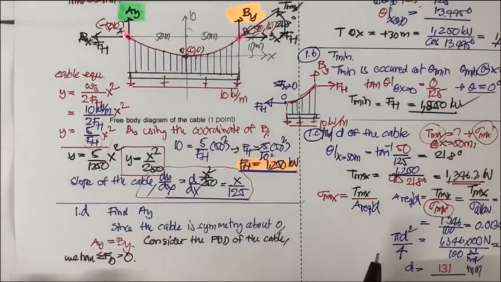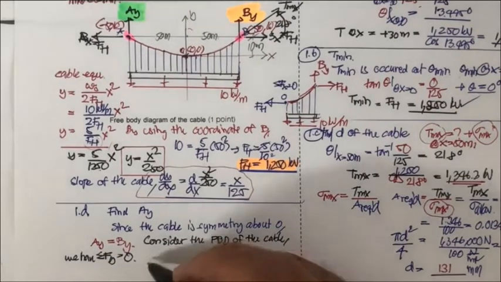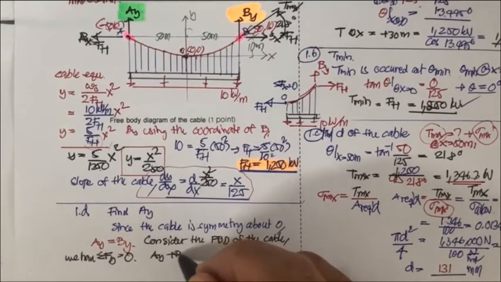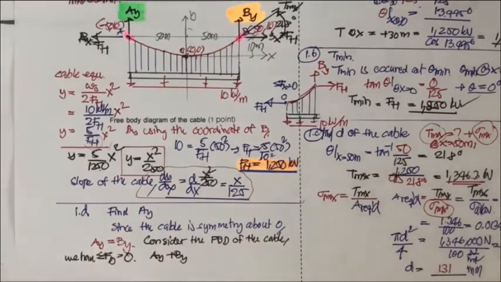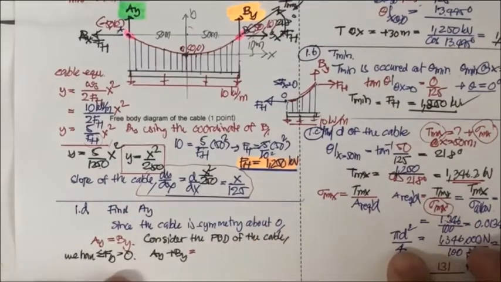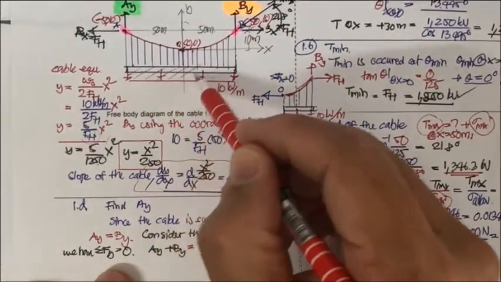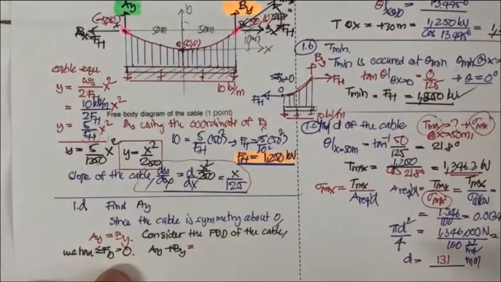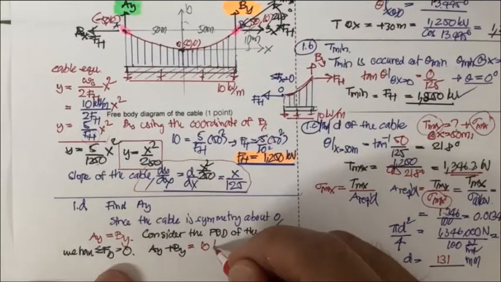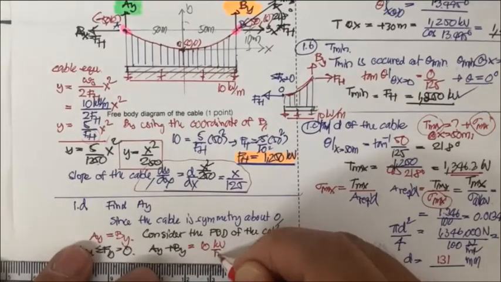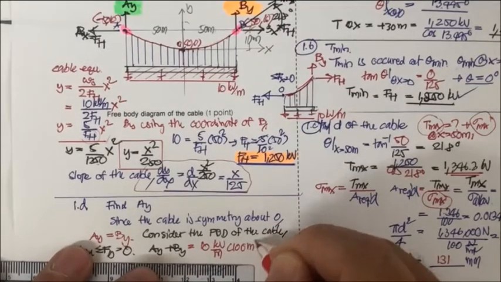Then A sub y plus B sub y is equal to the total applied forces, which is 10 kilonewton per meter times 100 meter.